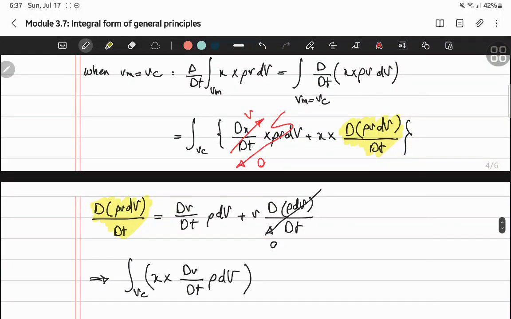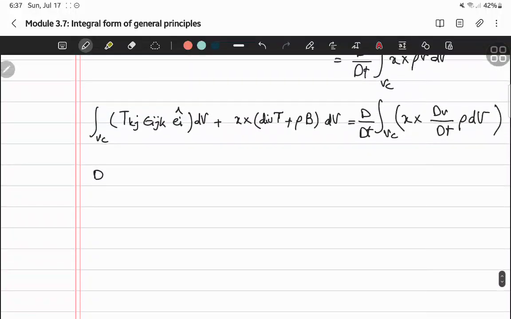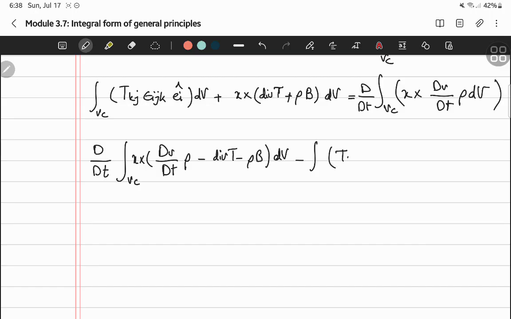So this is d over dt of the integral over VC of x cross, so we have dv/dt rho minus the divergence of t minus rho b dV, and then we have this minus the integral over VC of e_i t_kj epsilon_ijk dV is equal to 0.